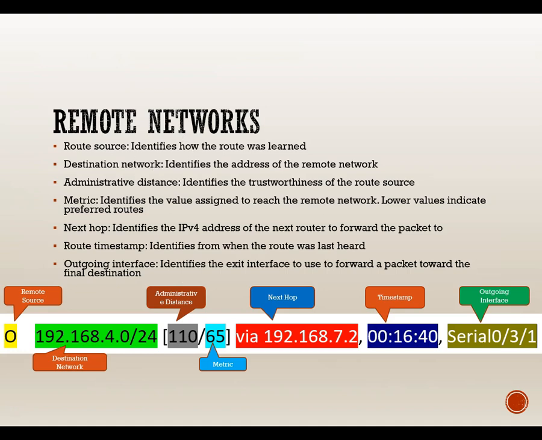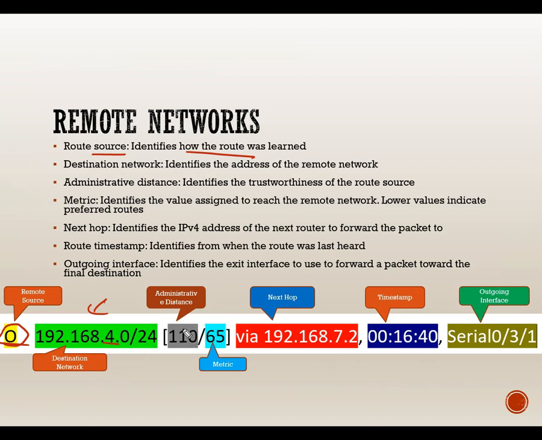Remote networks here. These are remote networks. Route source identifies how the route was learned. And in this case down here, the route source, O, is going to be OSPF. The destination network identifies the address of the remote network. So we're trying to get to the 192.168.4 network.